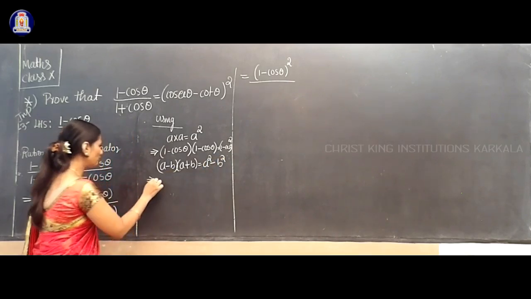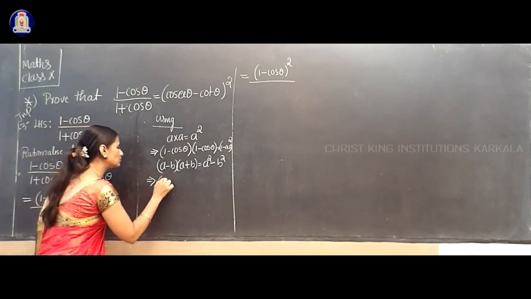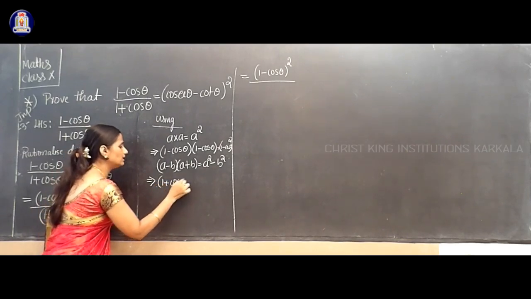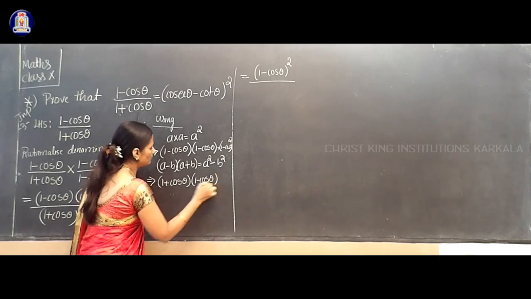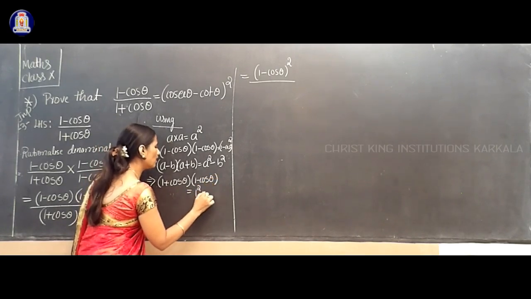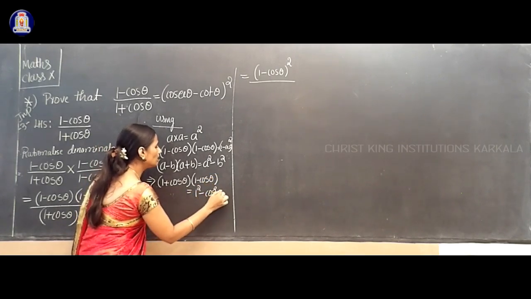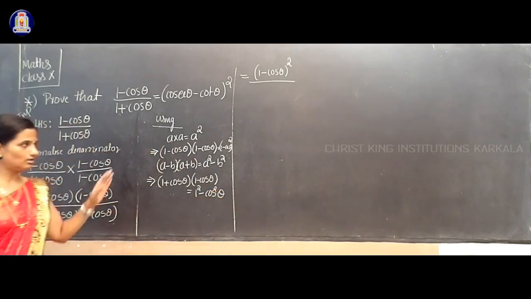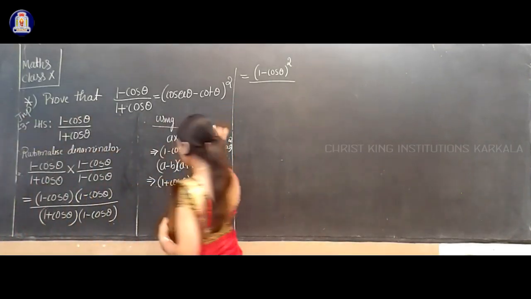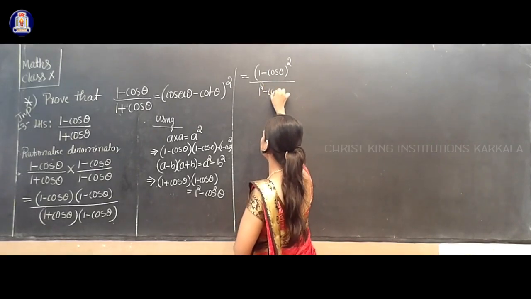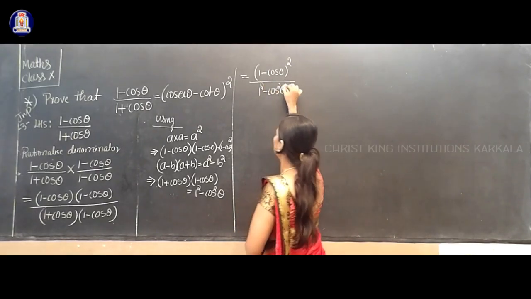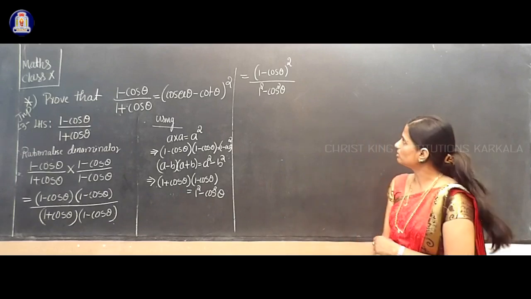So we apply this formula for (1 plus cos theta) into (1 minus cos theta), which is equal to 1 square minus cos square theta. Already I explained in your previous question.